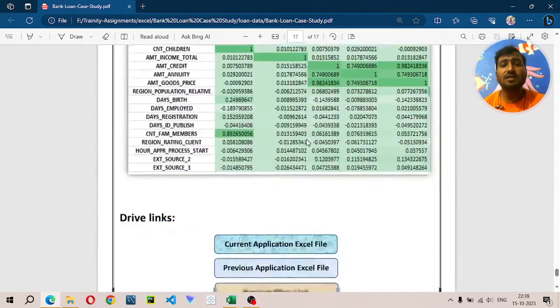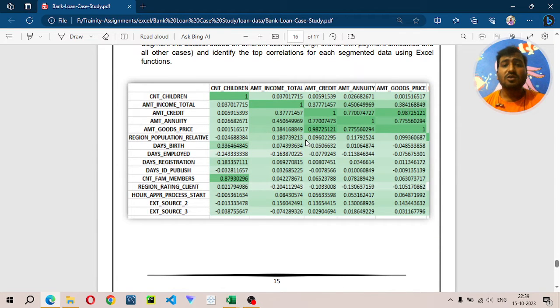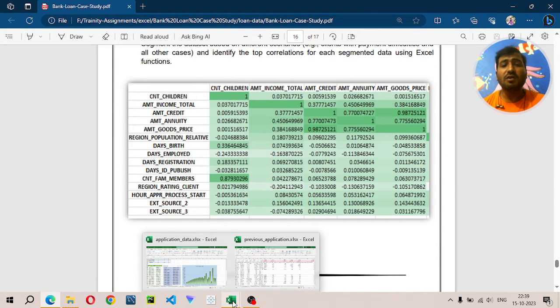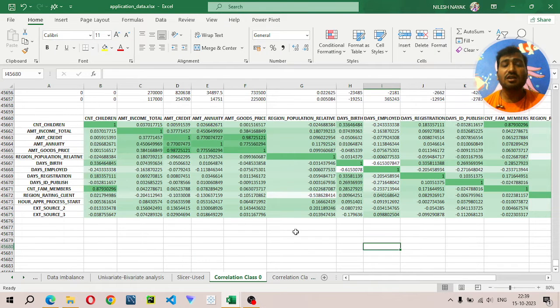Coming to the other part, that is correlation analysis. Correlation is performed on data to find the dependency or relation between two data columns. Here we can see that four data columns are more dependent on each other: total income, amount of credit, amount of annuity, and amount of goods price.